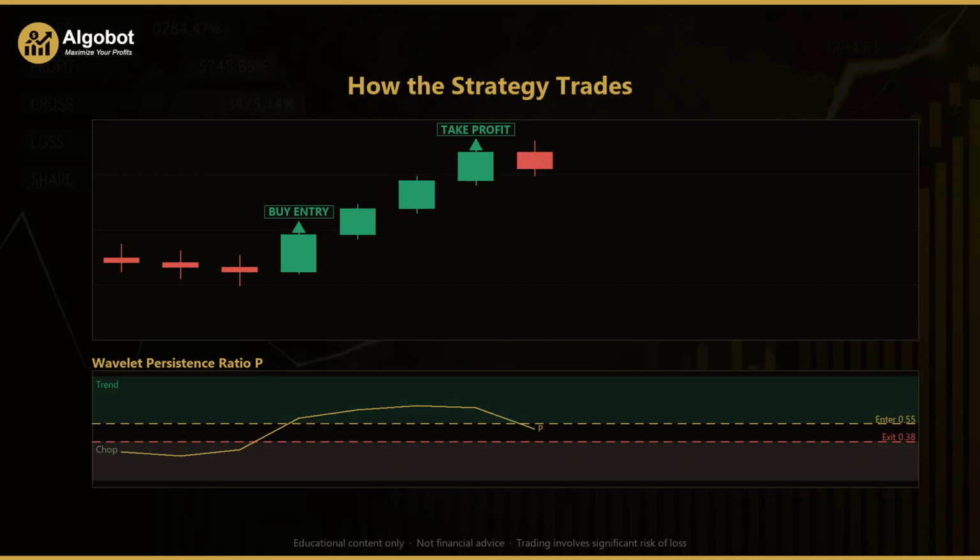From here, the market rewards the read. The next candles print higher highs and higher lows, a clean, orderly advance. Notice the persistence ratio in the panel climbing and holding well above 0.55. The coarse, slow swing energy is dominating, confirming the trend is intact. The strategy simply holds.